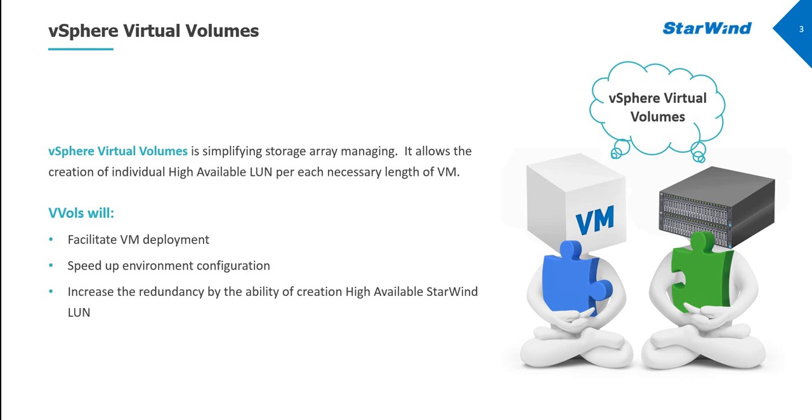The integration into vSphere infrastructure is possible with the VASA provider, which allows configuring StarWind Virtual SAN resources as storage containers for virtual machines, and provides more efficient management of the architecture by simplifying storage utilization. vSphere Virtual Volumes simplifies the storage array, which allows the creation of individual, and right now high available, StarWind LUNs per each virtual machine.